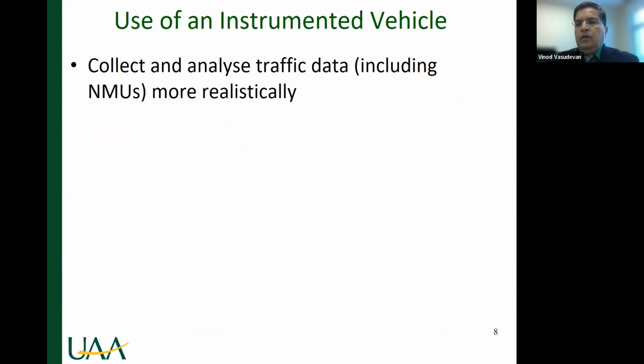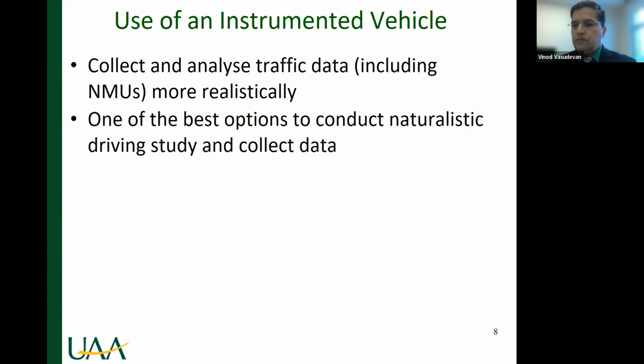So when you are using a LiDAR, it has to be an instrumented vehicle. When you have an instrumented vehicle, you can analyze or capture the behavior of road users, including non-motorized users, more realistically.